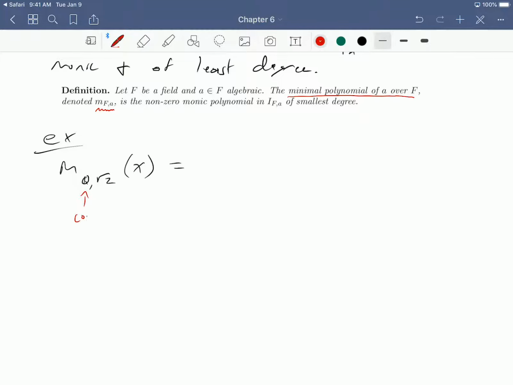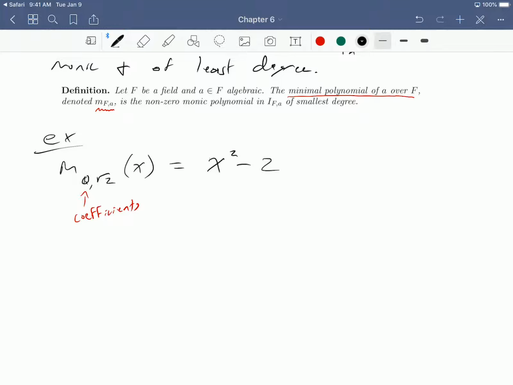So these are my field of coefficients. And so you might have already jumped to this. The polynomial is x squared minus, oops, that's totally wrong. x squared minus 2 is my polynomial. That has rational coefficients. Root 2 is a root of it. And it's the best one I can do.